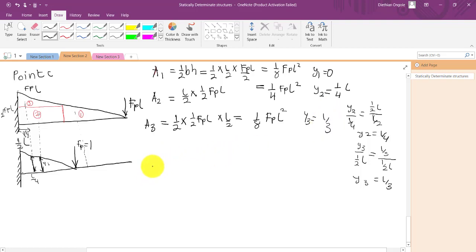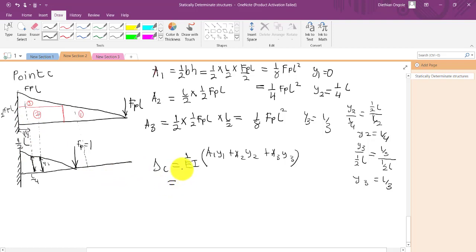Therefore, my displacement at point C would be given by 1 over EI into A1Y1 plus A2Y2 then plus A3Y3. From observation, we can see that the two bending moment diagrams are exactly on the same side of tension, so all the signs would be positive.